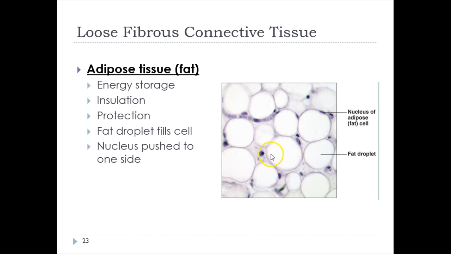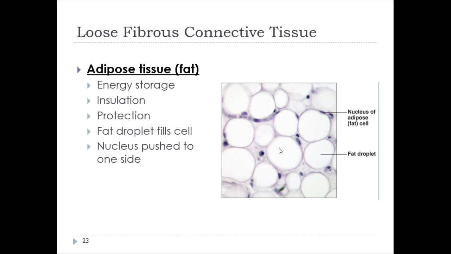Adipose tissue. Inside of here is fat, and basically the more you have, the bigger these droplets get. The less you have, they shrink down. What they're used for is a lot: energy storage, and insulation around certain body parts. In the winter, we start to gather up fat because if we need to shiver, we're going to burn the fat down.